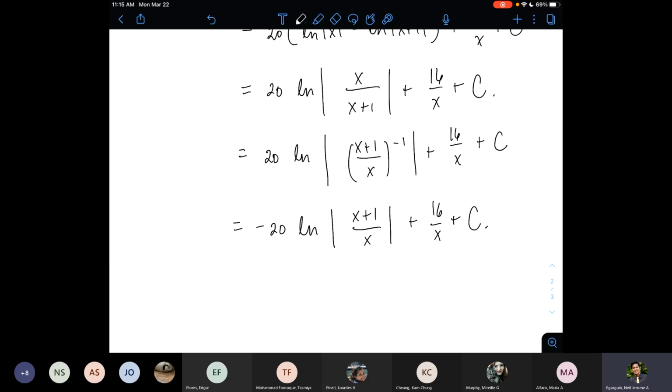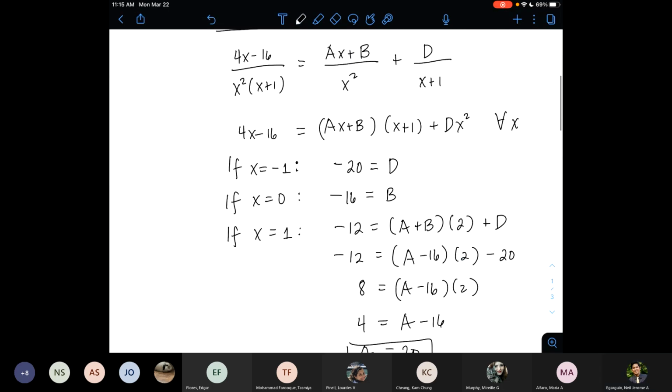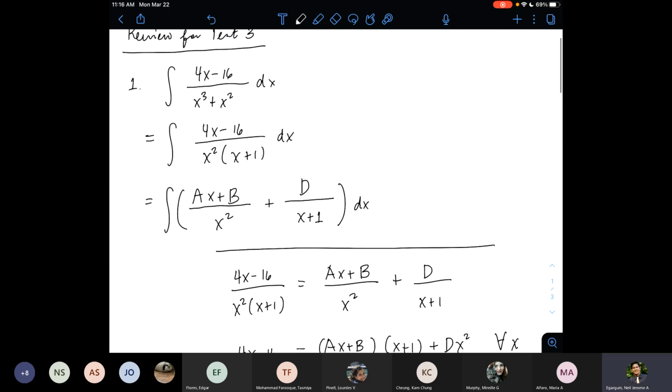Okay, yeah, that's also fine, Herson, because let's go back to x squared here. I treated x squared as a non-repeated quadratic factor, and hence I had ax plus b. But you're right, you can consider it to be a repeated linear factor, x repeated twice.